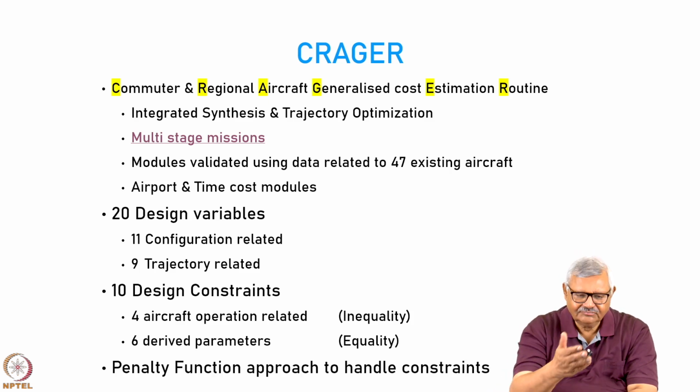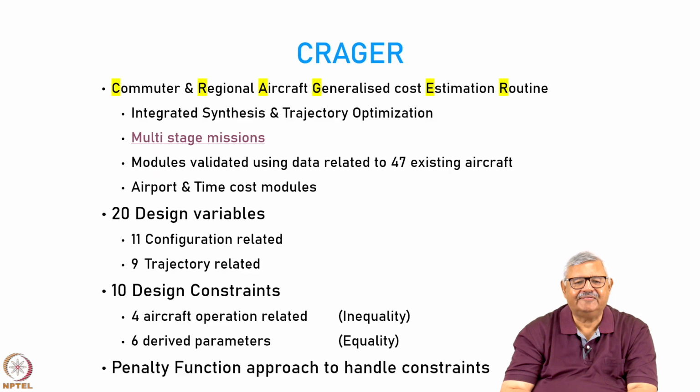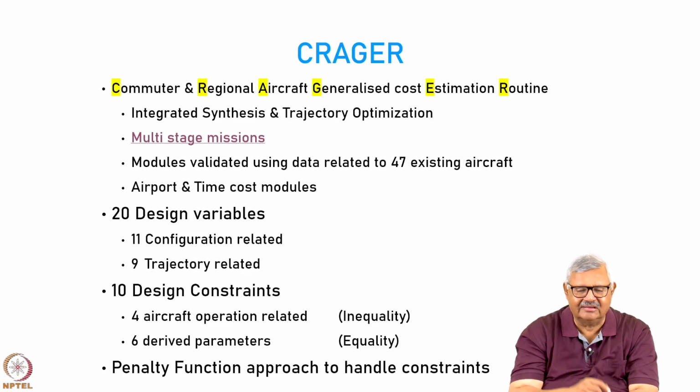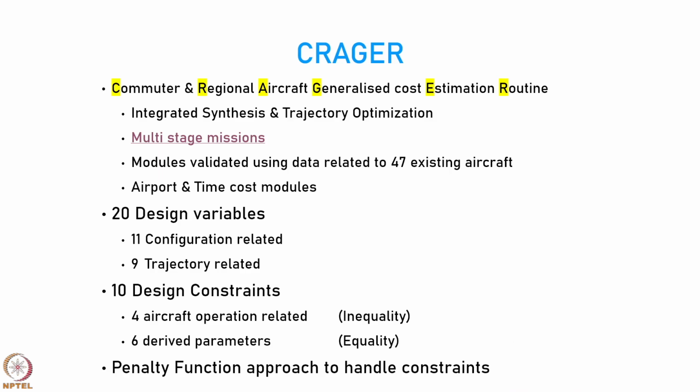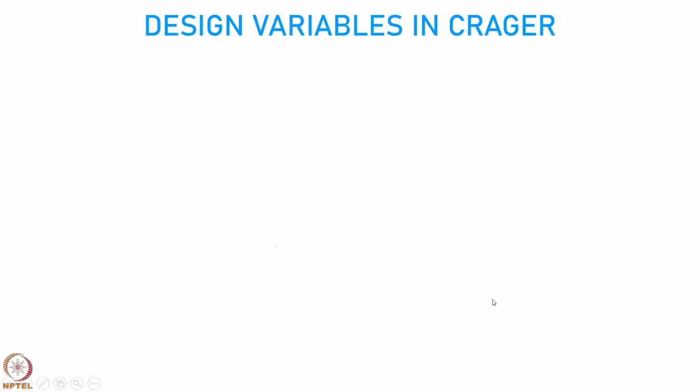And interestingly, we need to look at a penalty function approach to handle the constraints, because some of the methods used for optimization, called the indirect methods, are not able to handle the constraints implicitly. So, they have to be taken care of explicitly by specifying penalty functions.